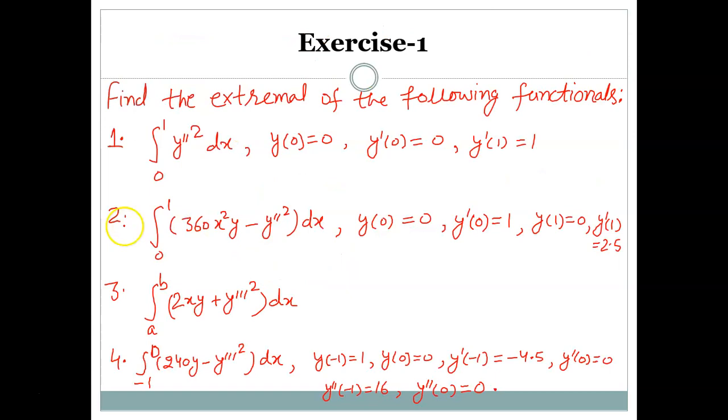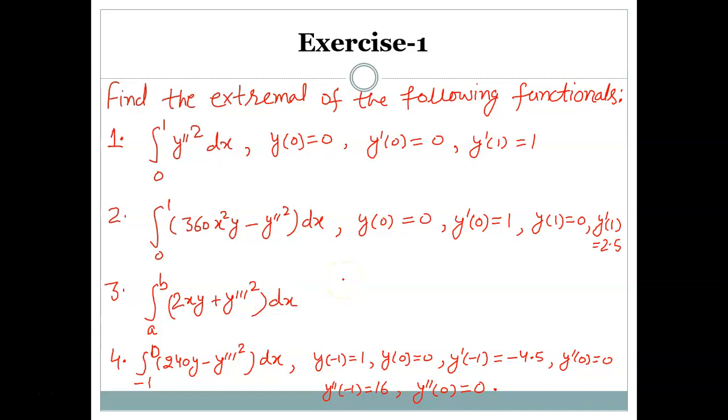So now, in view of this illustrative example, you can try certain exercises. Here we have involvement of a second order derivative, but in these two problems we have a third order derivative. Similarly, the boundary conditions are also extended up to y double dash, but in this problem there is no boundary condition, so you can leave the solution only up to y.